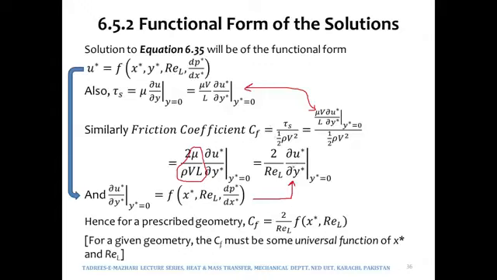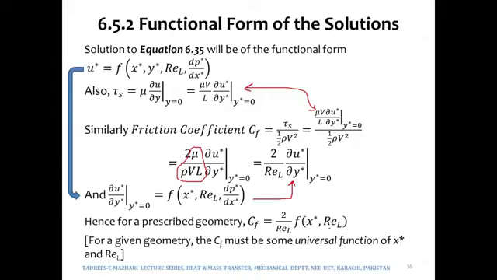So Cf would be 2 over Reynolds number times dou u star by dou y star, and dou u star by dou y star is a function of x star and Reynolds number. Again, we are not interested in dp by dx because it would not exist. So hence, for a prescribed geometry, Cf must be a function of x star and Reynolds number.